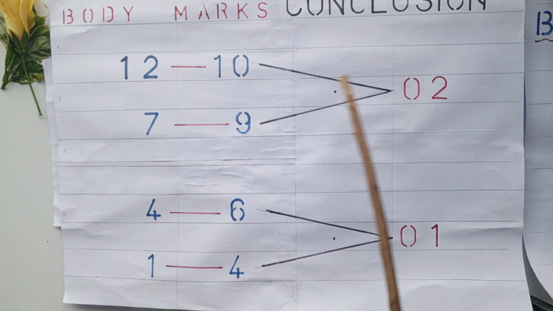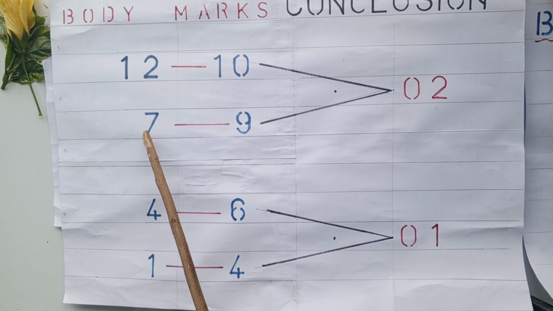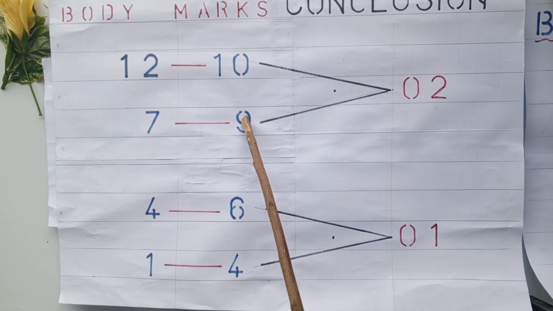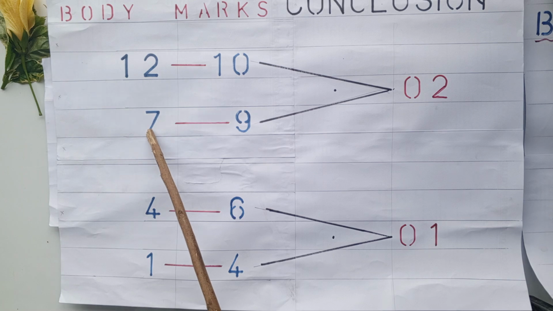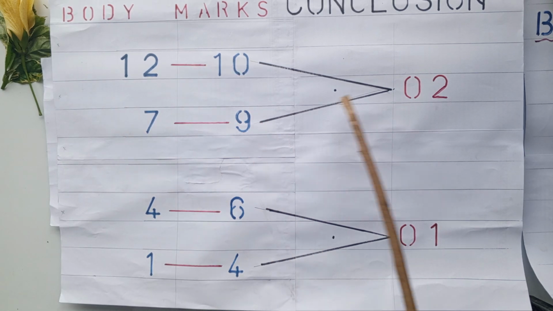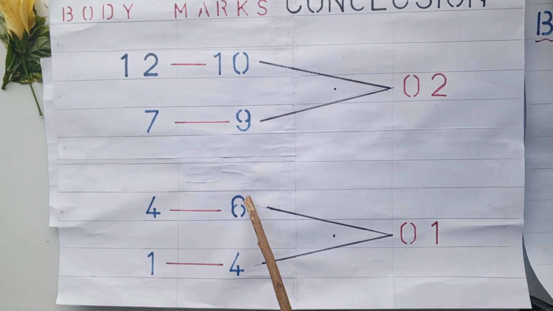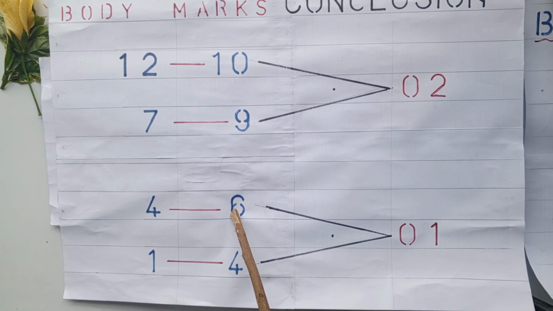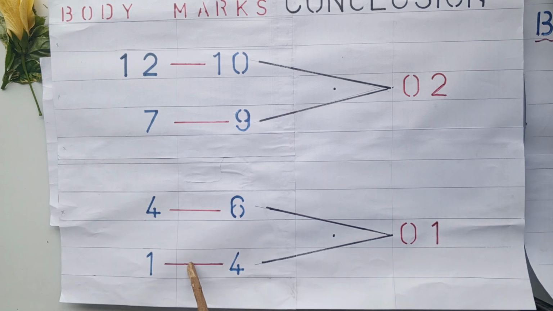But for you to get the 2 marks, you must score from 7 onwards. 7 marks, 8, 9, 10, 11, 12. So between 7 marks and 12 marks in the body, you automatically get 2 marks. Below that, you can score 6 marks in the body, 5 marks, 4 marks. You can score 3 marks, 2 marks, 1 mark.